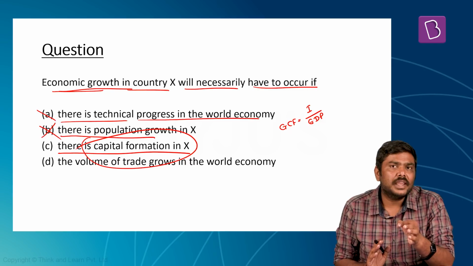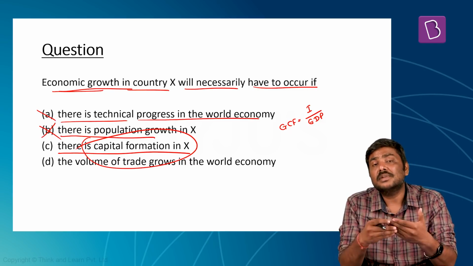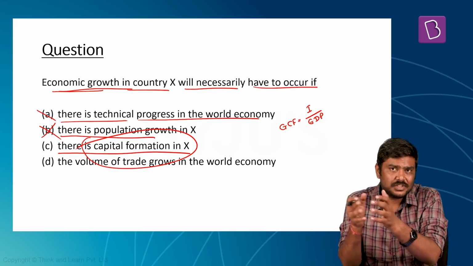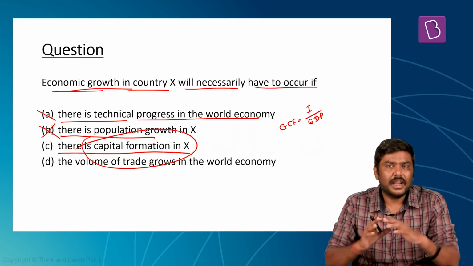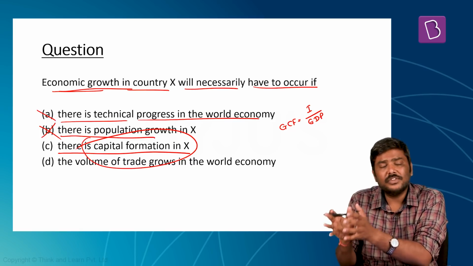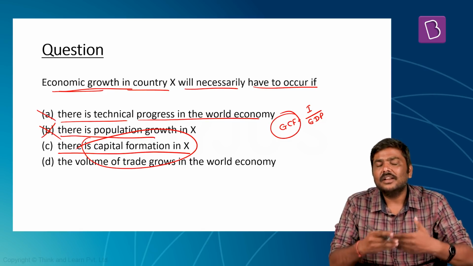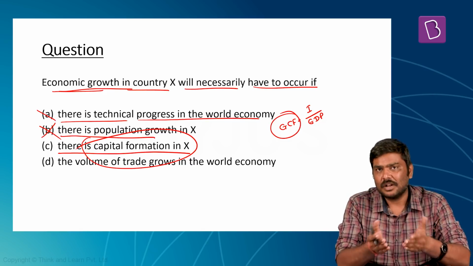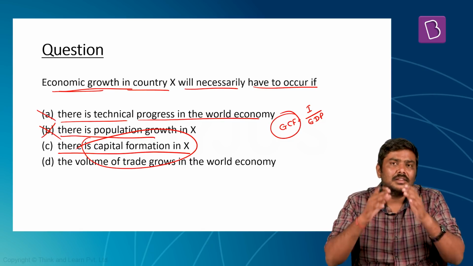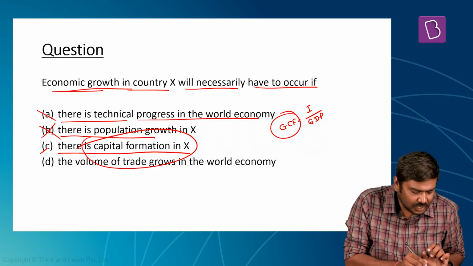I'll repeat the statement again. The capital formation represents the investable surplus that is held in the hands of the stakeholders in the economy. And when I compare this particular investable surplus against the GDP of the country, I will get the gross capital formation. And whenever there is a higher gross capital formation, we expect the GDP growth rate of the economy to increase. So this is the right option.